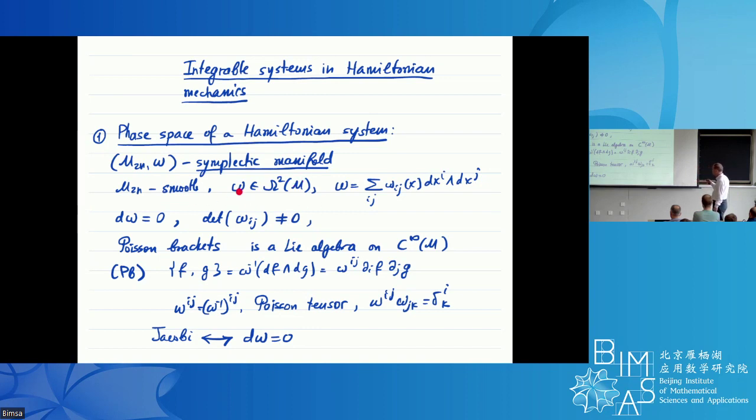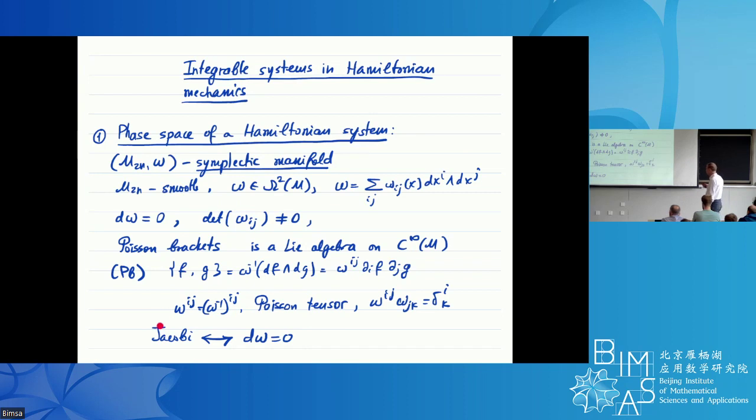That's the symplectic structure on the manifold, such that it's closed, d omega is 0, and non-degenerate. One way to think about non-degeneracy is to write in local coordinates the matrix omega ij. Non-degeneracy means that the determinant is not vanishing, and this condition doesn't depend on the choice of local coordinates.